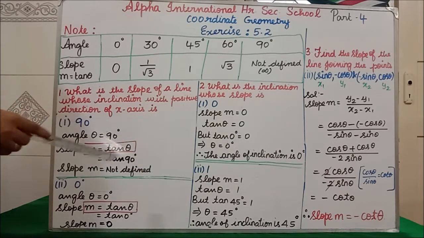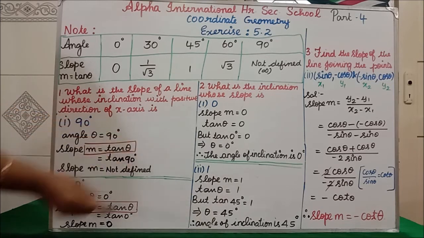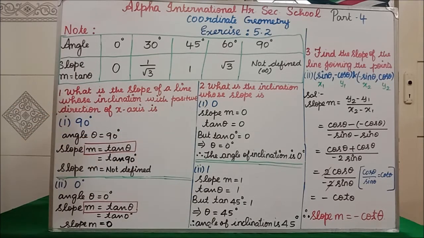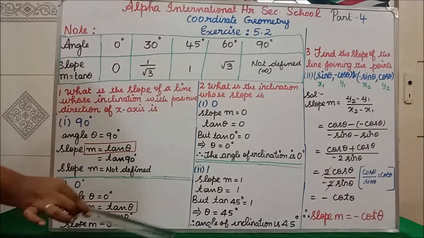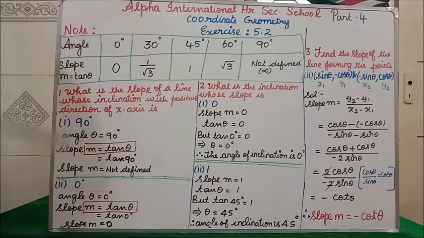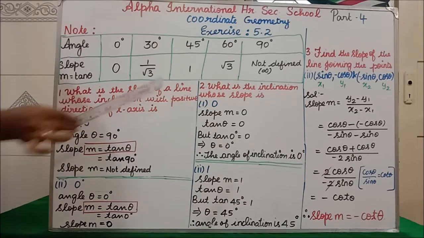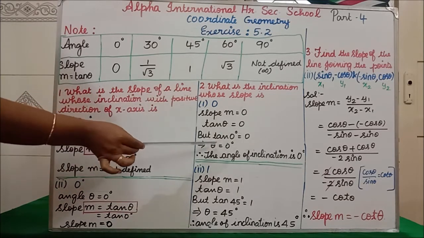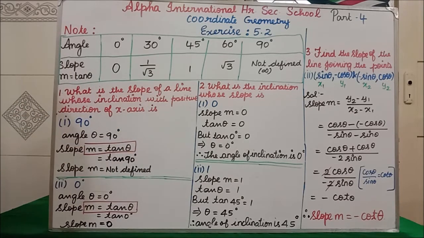Only if we substitute 0 degree will we get the slope m as 0. Clear all of you? So therefore theta equals 0 degree. The angle of inclination is 0.